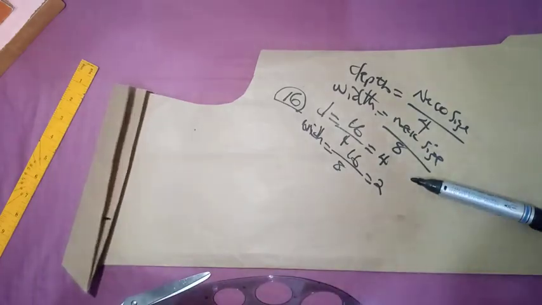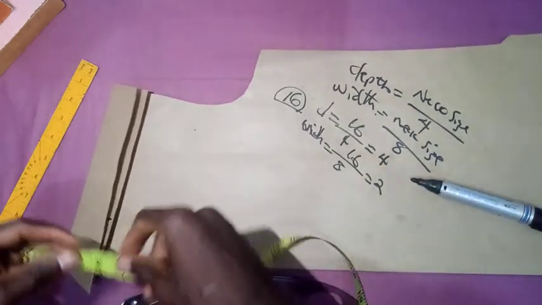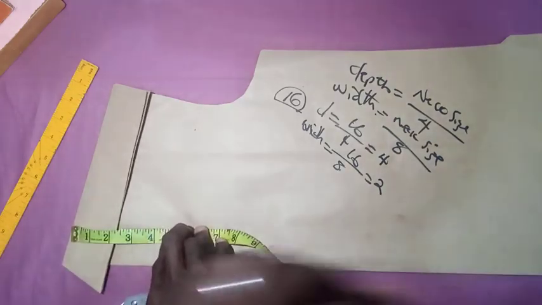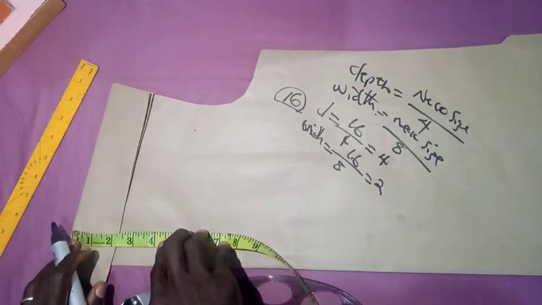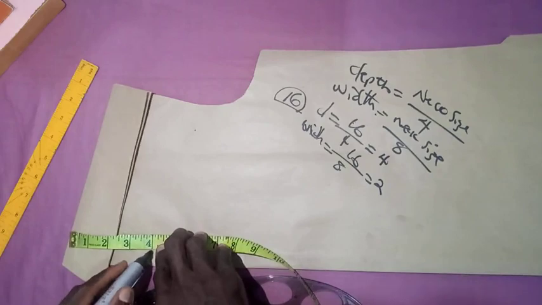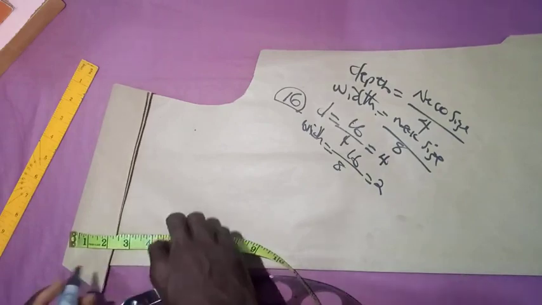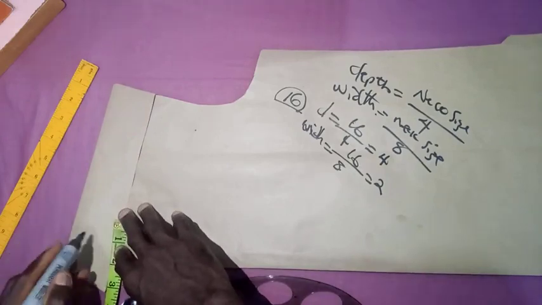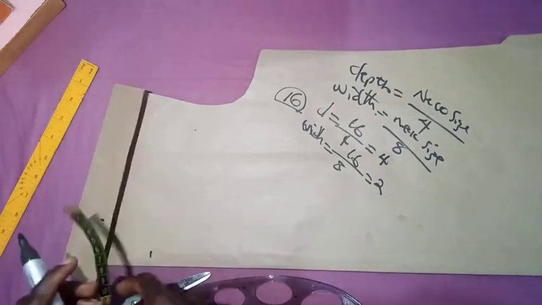So let us mark that on our neck. So this is our neck. From our formula, for the neck size of 16, we have gotten a depth of 4, and the width we have gotten is a width of 2.